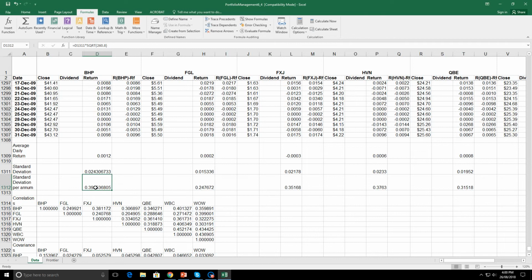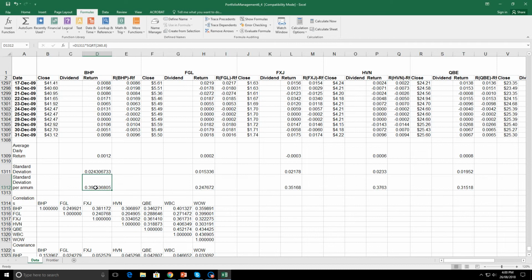In general, what we know is there are 365 days in a year. However, the stock market doesn't remain open all the 365 days in a year. So what we need to find out is how many days the stocks were traded in a year. For simplicity, what we have taken is the average number of days in a year in our sample period.